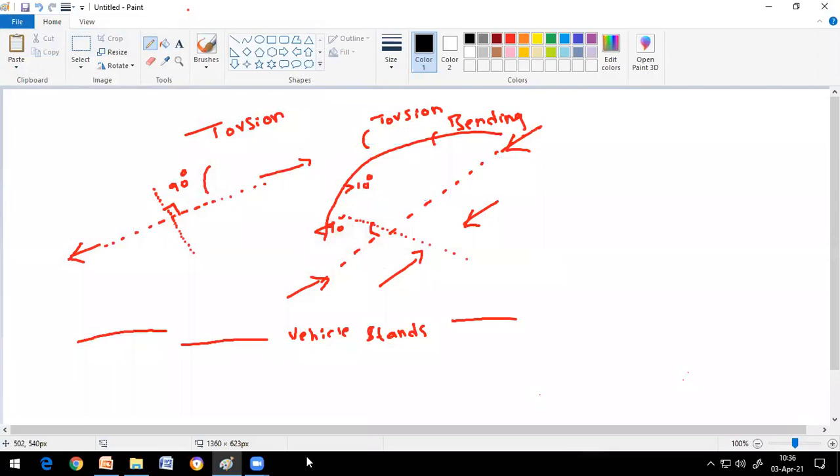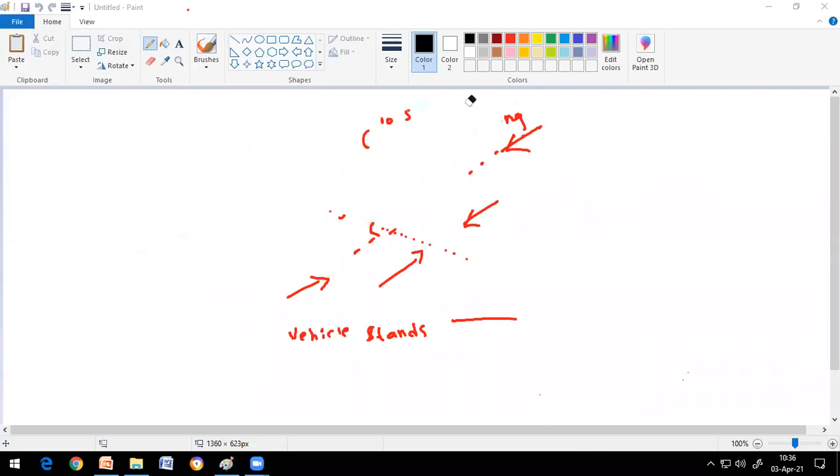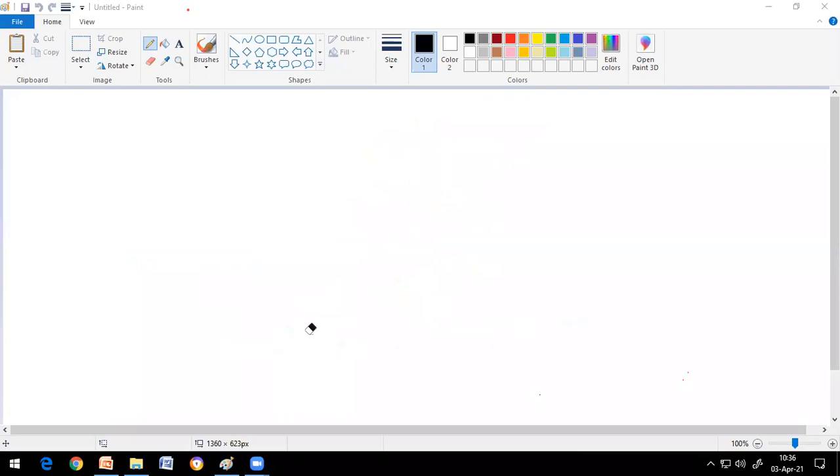So I think I have to erase this, so then we can start writing the formula of the open coiled helical spring deflection.